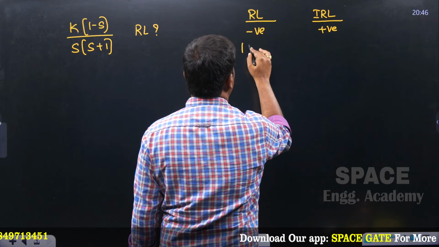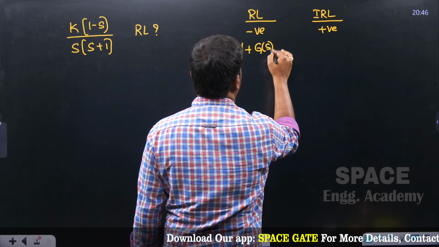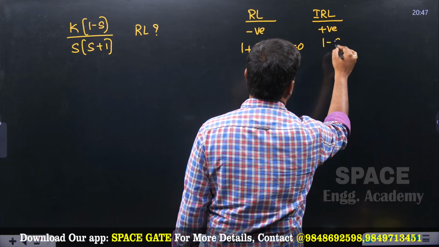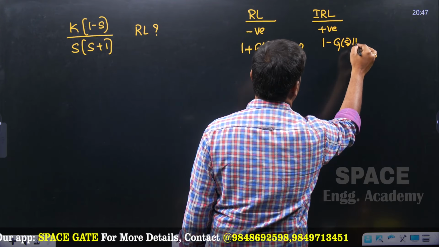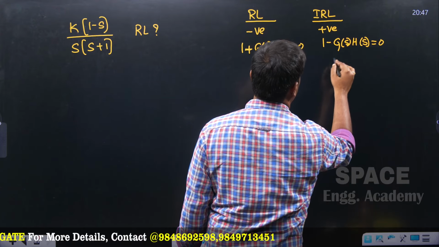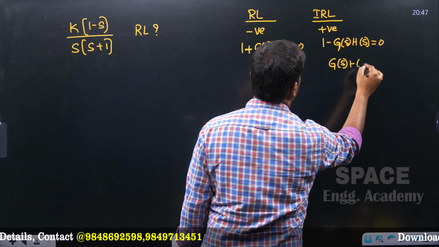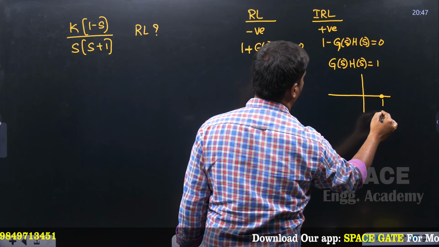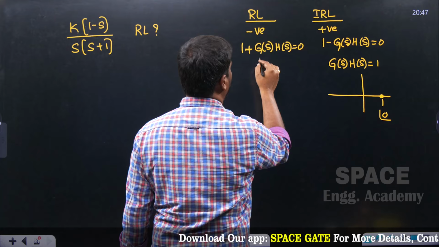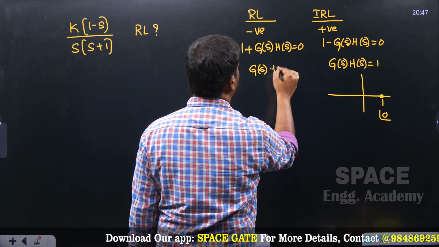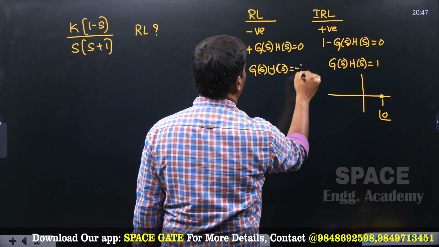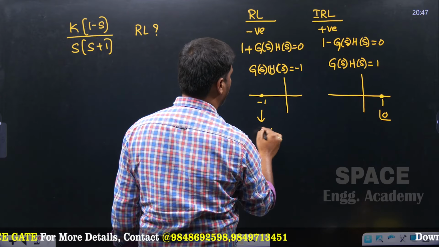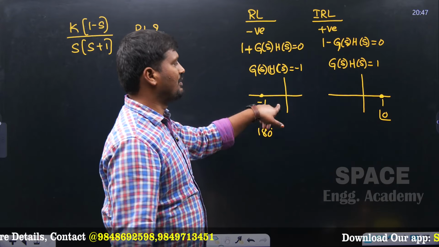In the negative feedback principle, the characteristic equation is 1 + G(s)H(s) = 0, and in the positive feedback principle, the characteristic equation is 1 - G(s)H(s) = 0. From this, G(s)H(s) is 1, which is the reference point. The reference point is 1, and its angle is 0 degrees. In the other case, the reference point is -1, which lies on the negative real axis, and its angle is 180 degrees, or -180 if you go clockwise.